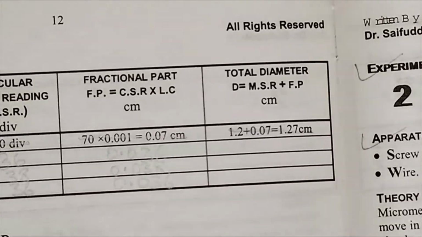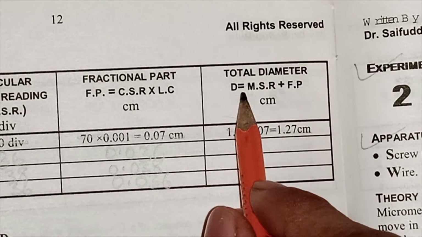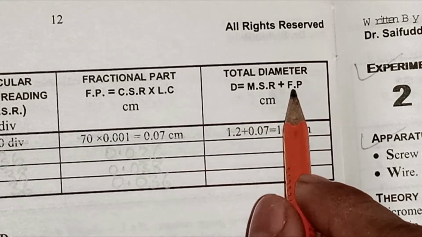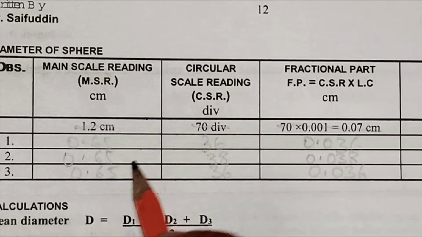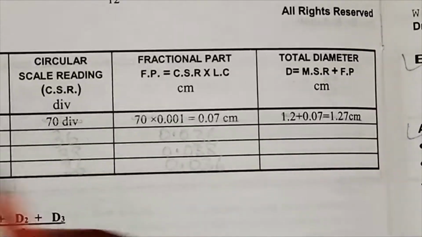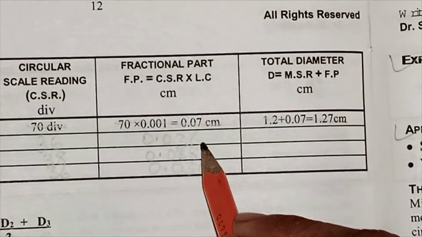Okay, for the last column, total diameter, the formula is given. Diameter is equal to main scale reading plus fractional part. So what is our main scale reading? 0.65. We have to add 0.65 with the fractional part.